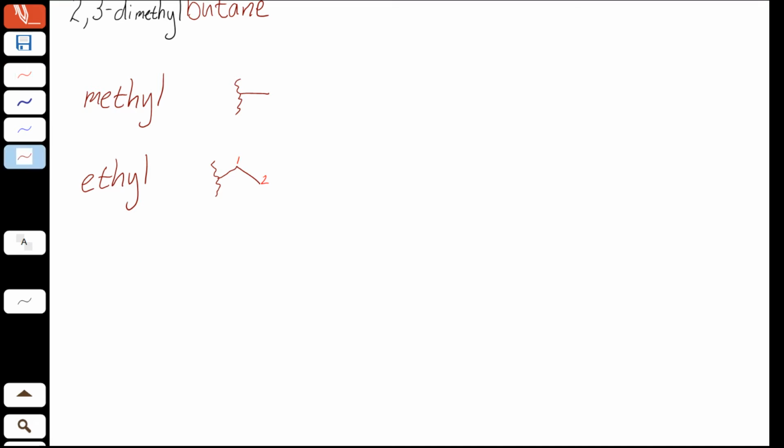Can you guess what a 3 carbon group might be? Propyl, yeah. And in fact, there's 2 different types of propyl groups because now we have some isomerization where we can connect in 2 different ways. So we've got propyl, which is, as you'd expect, a 3 carbon group like this.